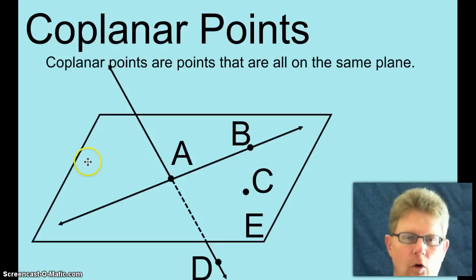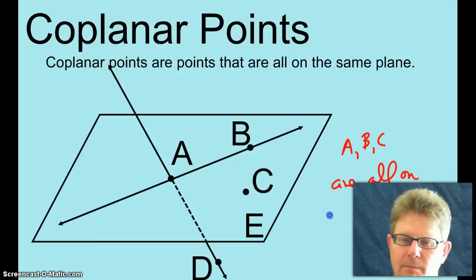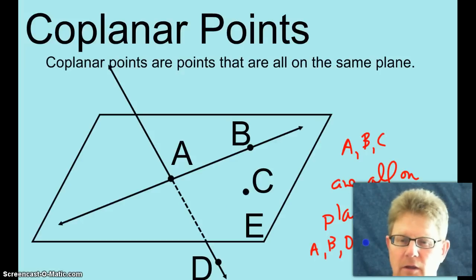Coplanar points. Coplanar points are points that are all on the same plane, like A, B, and C are all on plane E. A, B, and D, since D is underneath this plane, those 3 points are non-coplanar.